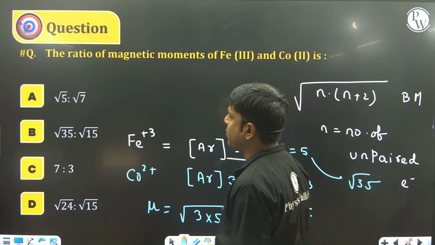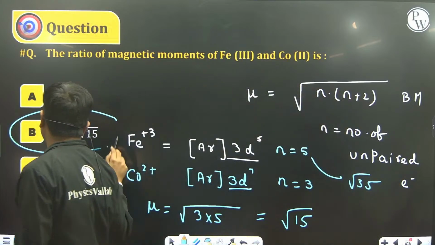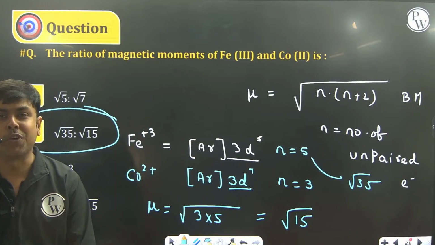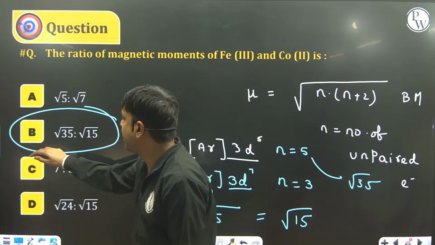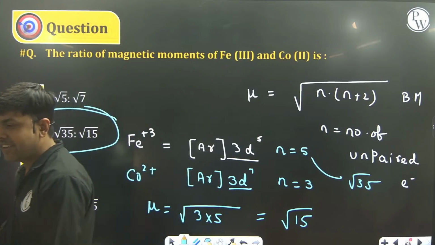So what will be the ratio? Root 35 is to root 15 will be the correct key. B is the correct key, right?